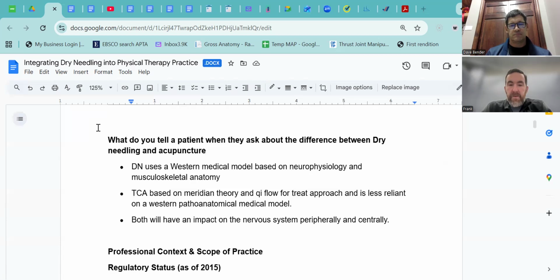Acupuncture, on the other hand, is based in Eastern medicine, has been done for thousands of years, and has some great evidence. But the basis of it is meridian theory and the energy flow for their treatment approach, and it is not as reliant on medical models.